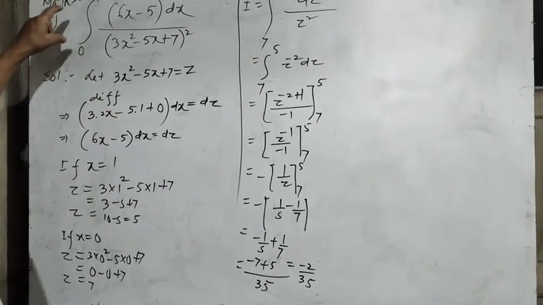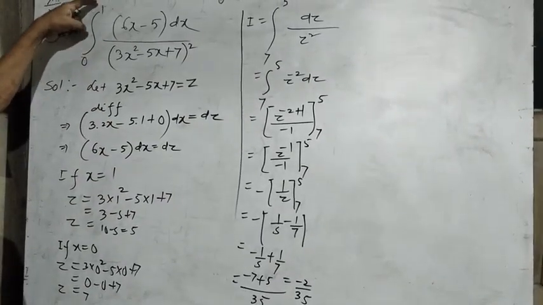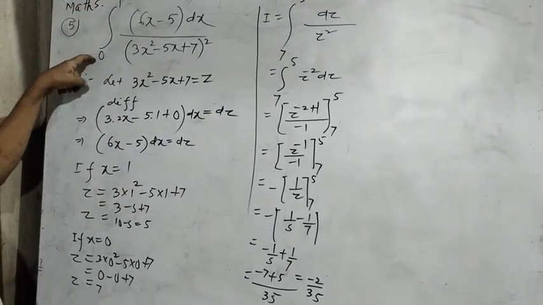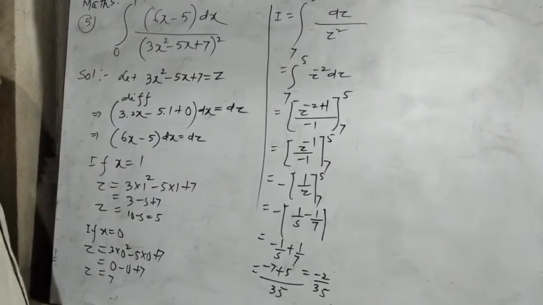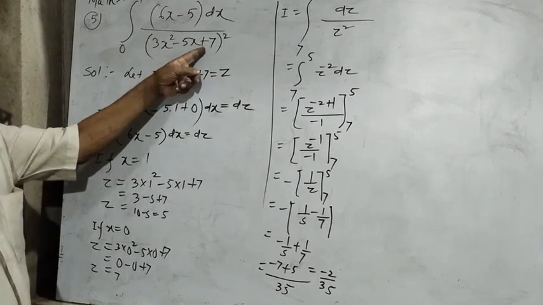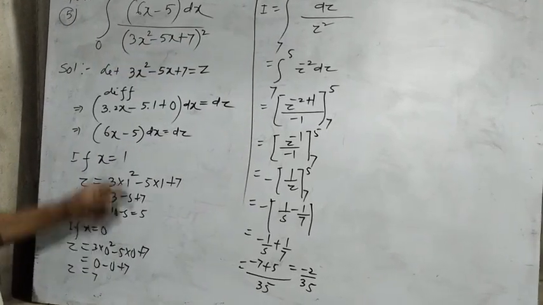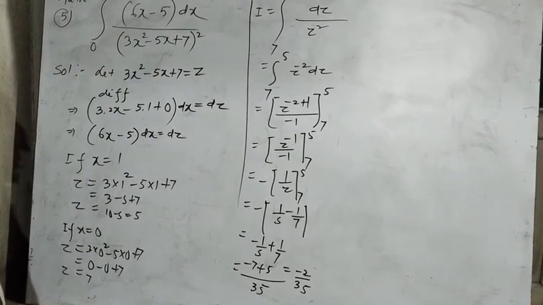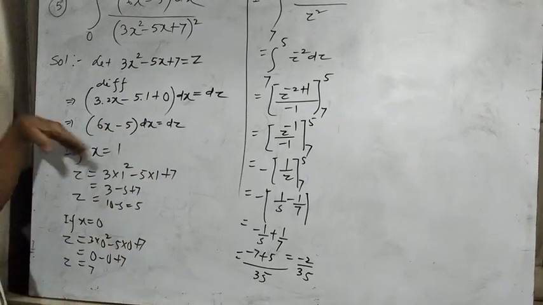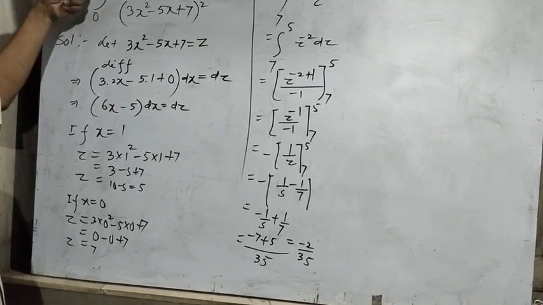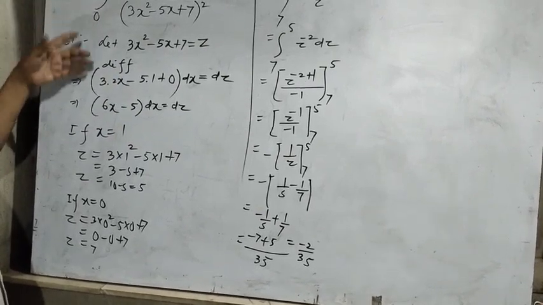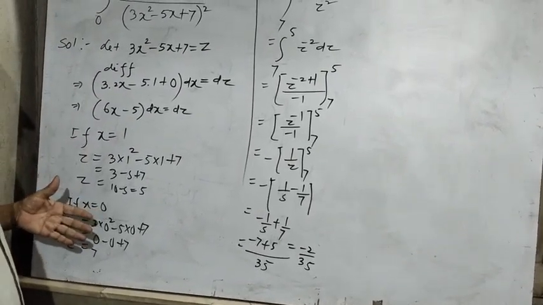The value of this integration, where upper limit is given 1, lower limit is 0, 6x minus 5 dx whole divided by 3x square minus 5x plus 7 whole square. We suppose denominator is equal to z. Differentiating, we get the value of numerator and the upper limit and lower limit both are changed.